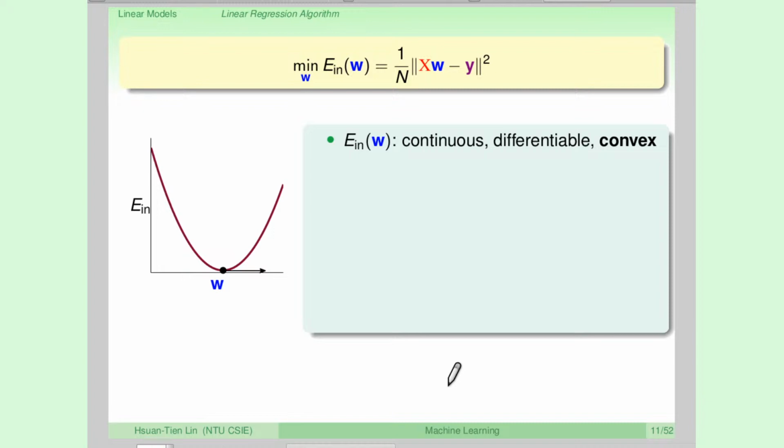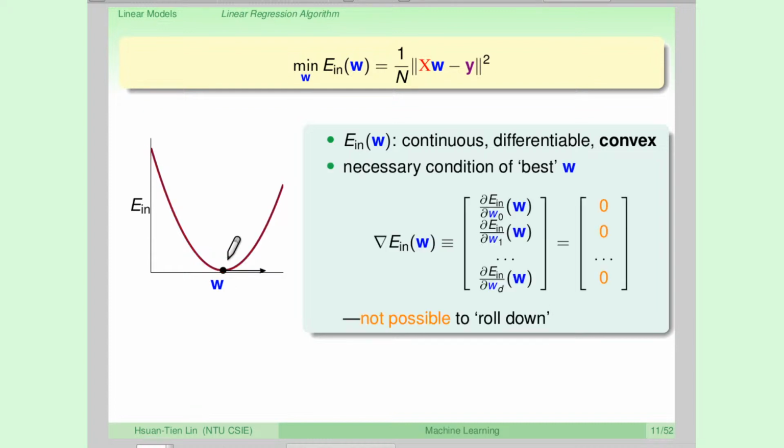Basically, convex means the shape of the curve that we want to optimize is valley shaped. So this valley-shaped curve would contain some minimum point somewhere. That's what we want to get.